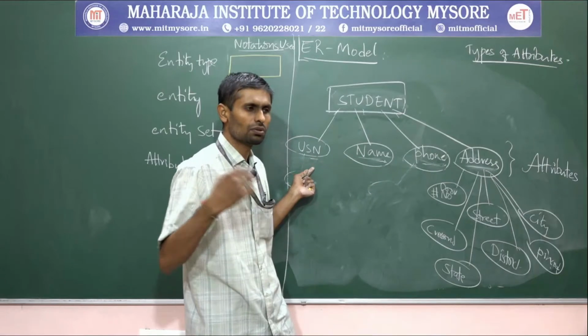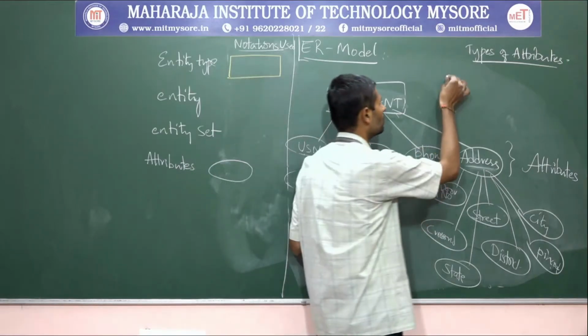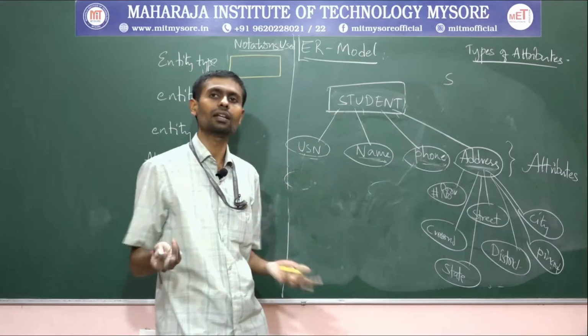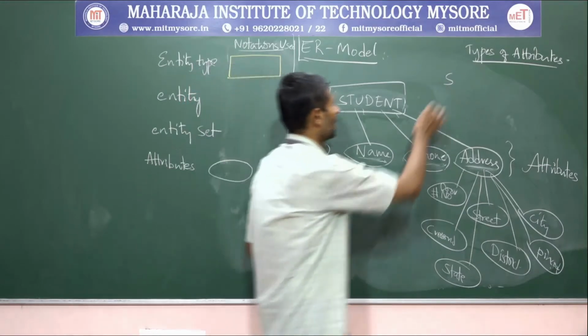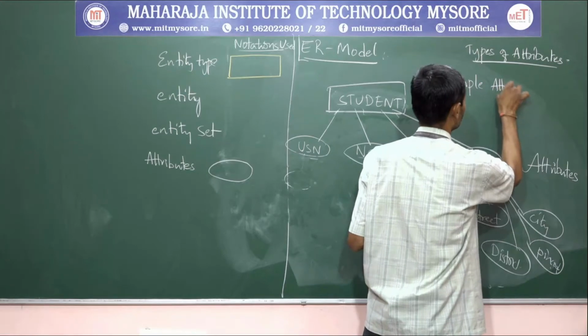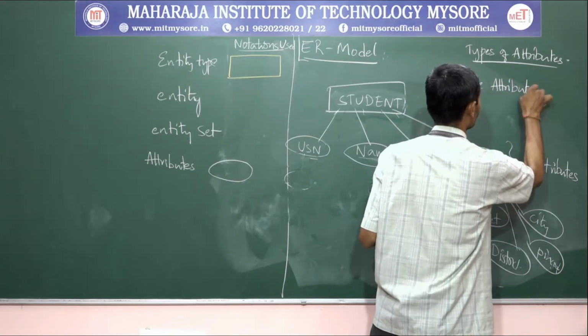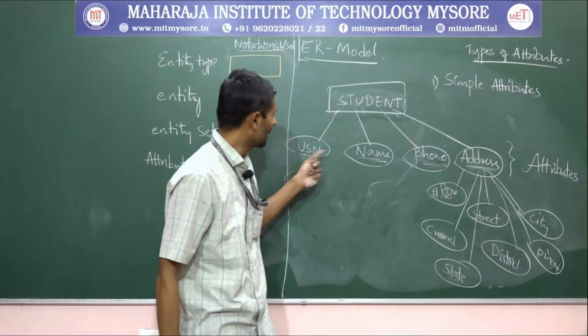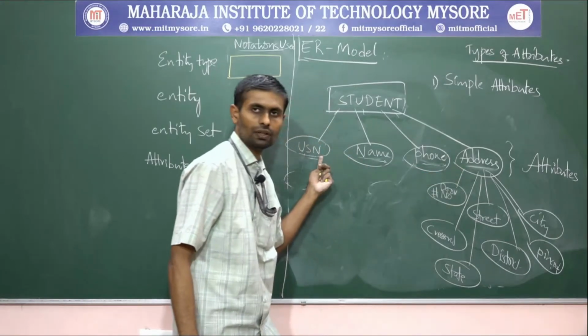We cannot further decompose or divide, right? Such an attribute is a very simple, simple component, so we cannot further divide it. Such attributes we call simple attributes. Exactly, this one is the opposite of these three.